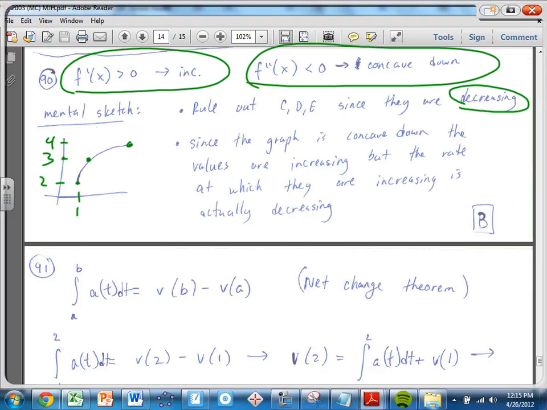Call that 1, call that 2, call that 3, call that 4. What's going to happen here is this. The gap from 1 to 2 along the y-axis is 1. That's a gap of 1. But then from 2 to 3, what's this gap going to be? 0.5. Like 0.5. This gap is going to be even less than 0.5.